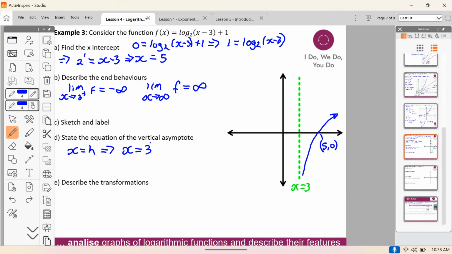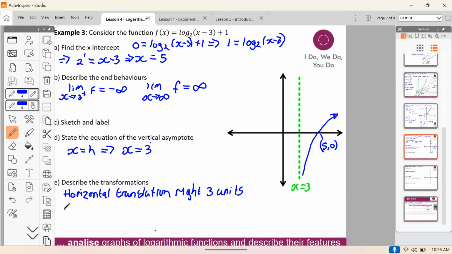Describe the transformations. We have horizontal and vertical translations. So we have a horizontal translation right 3 units.